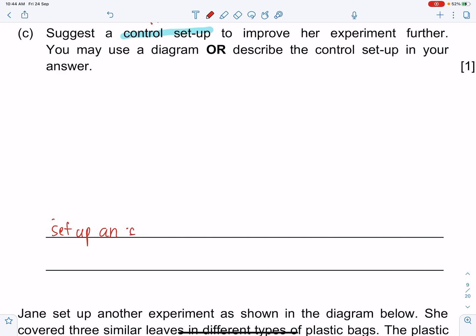Set up the same experiment setup using white light. Okay, so like that you remove away red and blue.